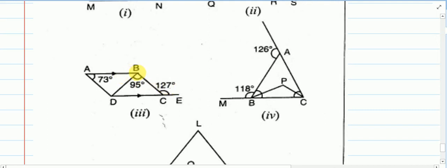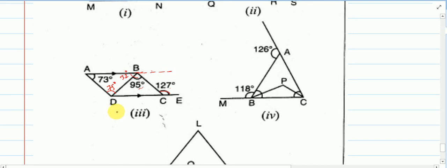So you can see that this AB is parallel to DE. If this is 127, this whole thing will also be 127, but out of 127 this is 95, so this has to be 32 degrees.